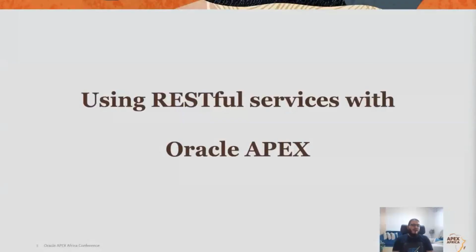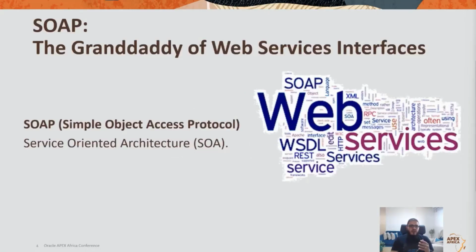Our session today is about using RESTful services with Oracle Apex. If we will talk about RESTful, we should know the granddaddy of web services interfaces, SOAP. SOAP refers to Simple Object Access Protocol. SOAP was originally created by Microsoft.